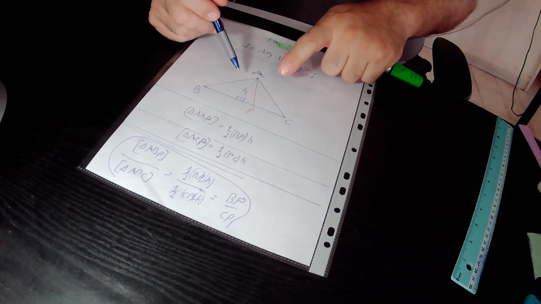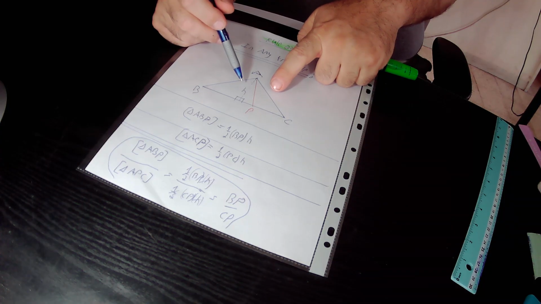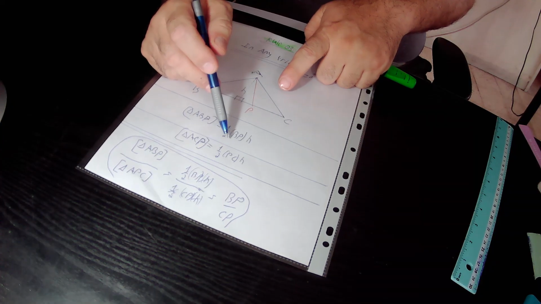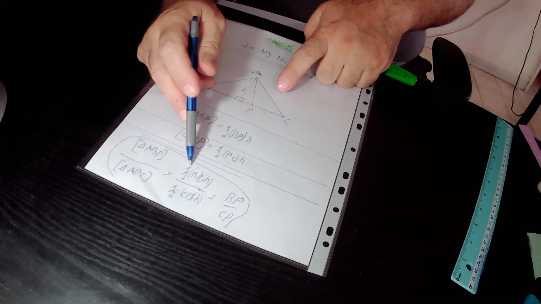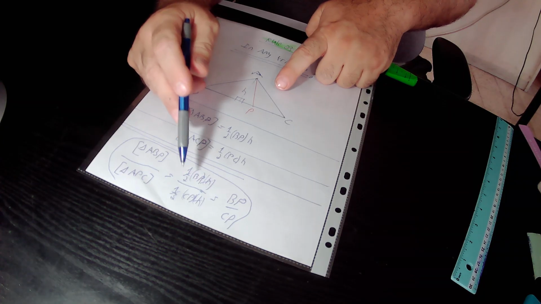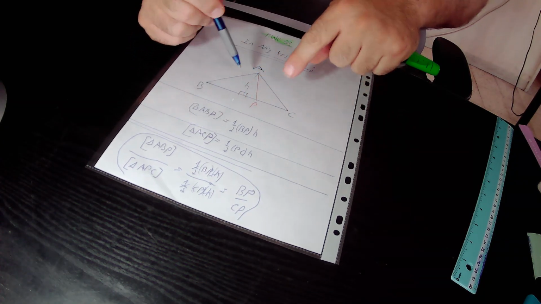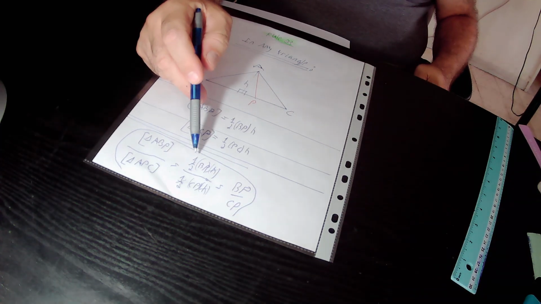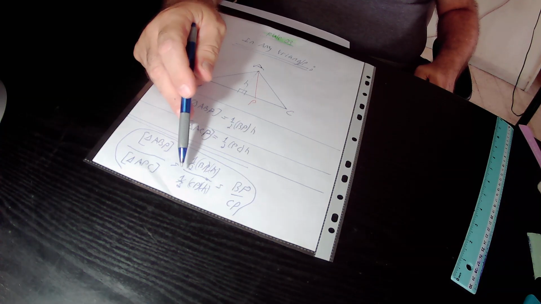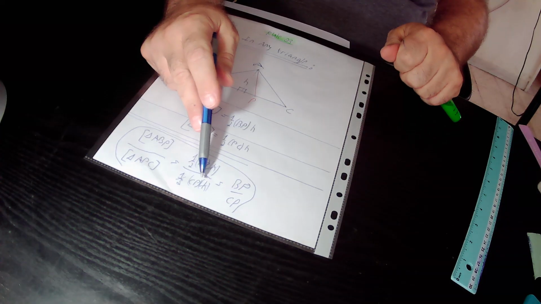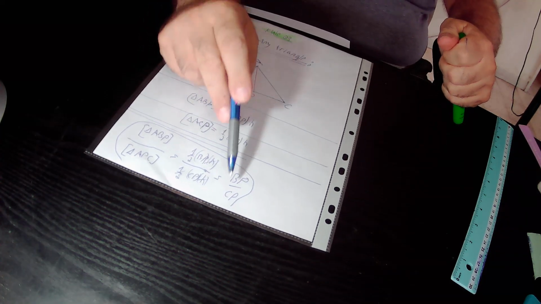And the ratio between the areas of those two small triangles is, of course, the area of triangle ABP, that is BP times edge over 2, over the area of triangle APC, that is CP times edge over 2. In this expression, we have 1/2 in the numerator and 1/2 in the denominator, so 1/2 gets cancelled. We also have edge in the numerator and edge in the denominator, so edge also gets cancelled, and we are left only with BP over CP.